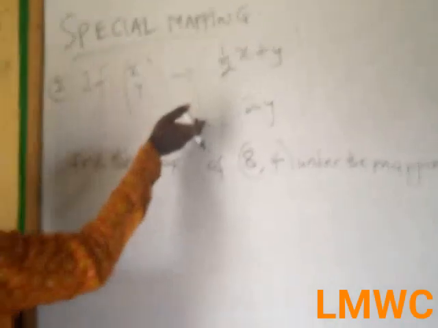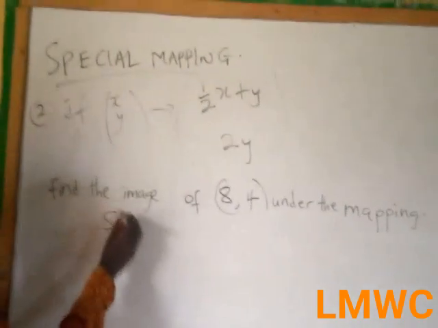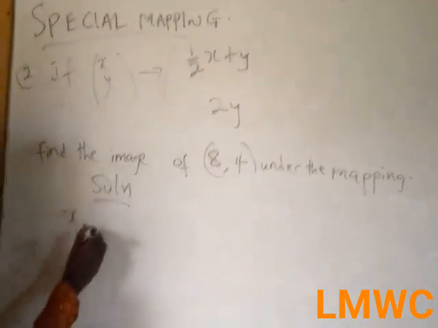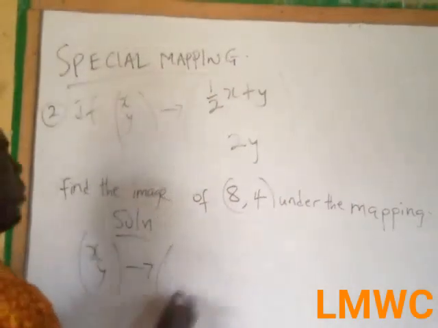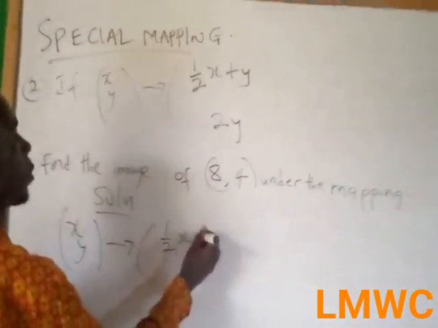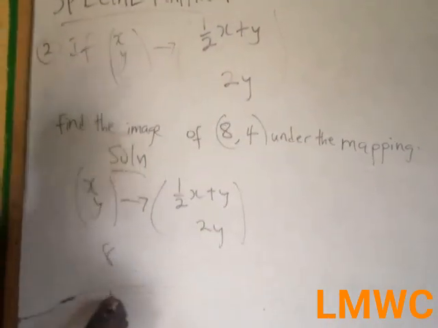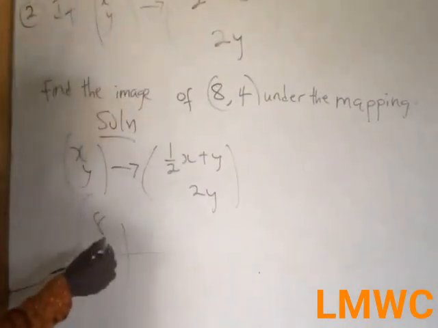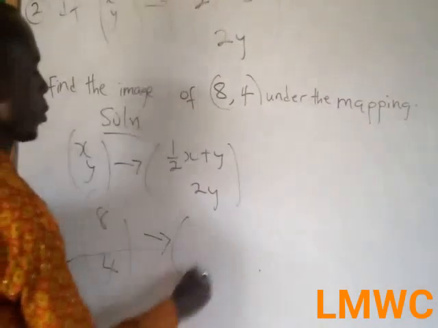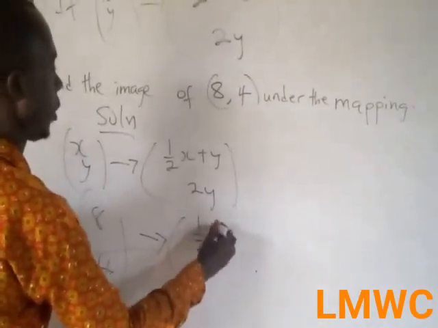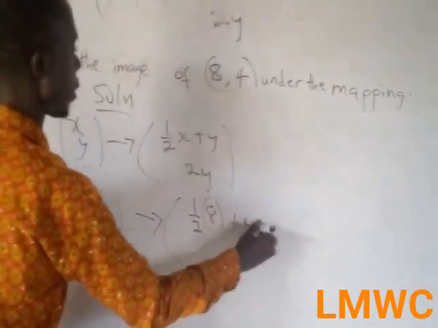So it becomes (x, y) maps to (½x + y, 2y), and we have (8, 4). So we know x as 8 and y as 4. So half of 8 plus y, which is 4.